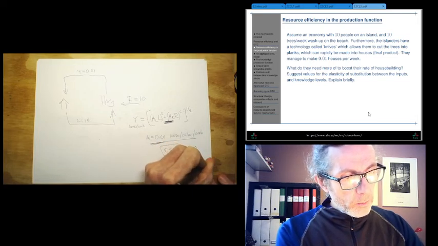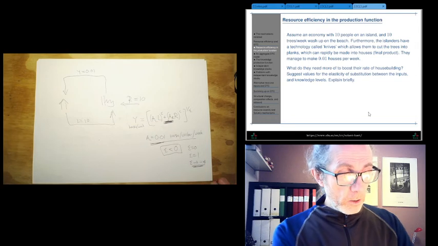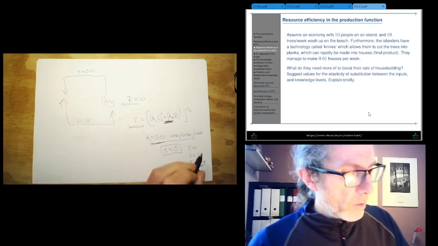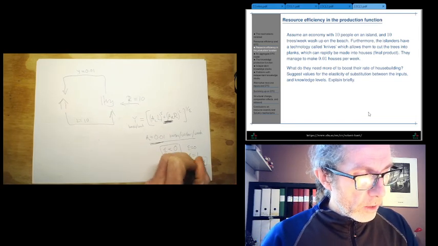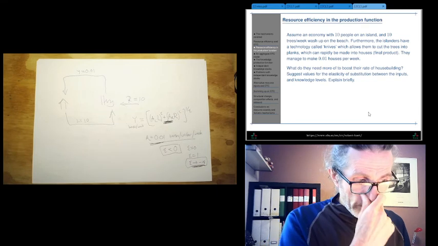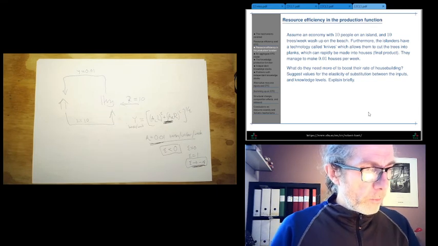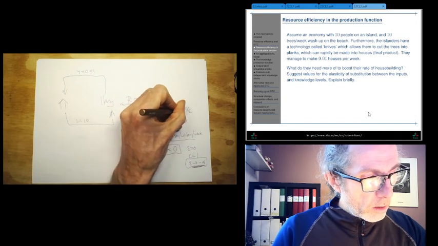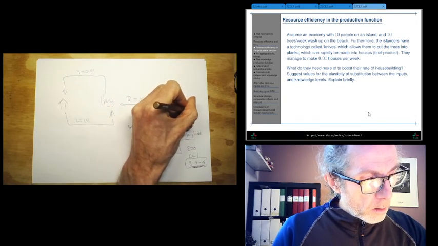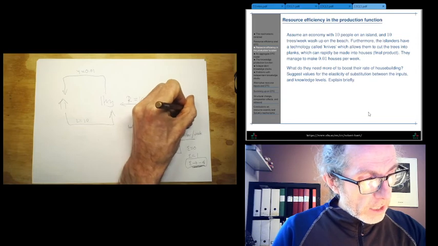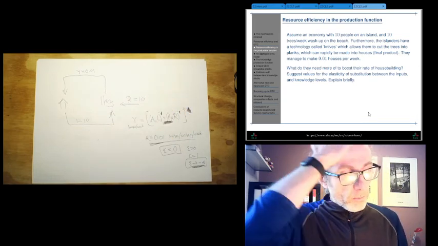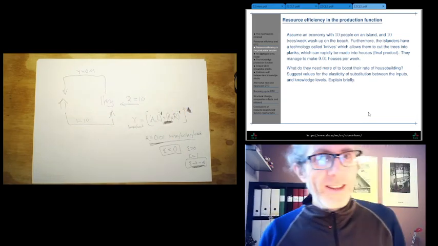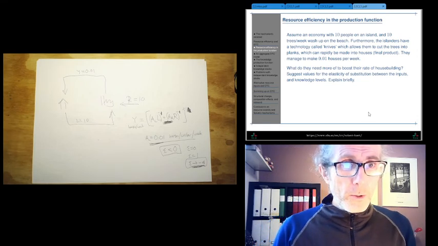Epsilon goes towards minus infinity, that's no substitutability, Leontief. So we might think there's not much substitutability in this case. If we want to make it really simple, we could say epsilon is minus 1. Because then that makes things super simple.